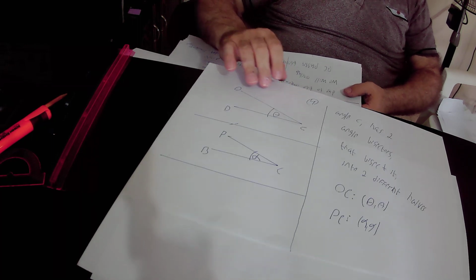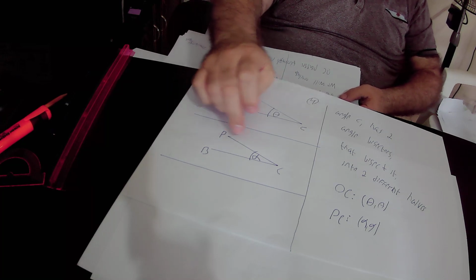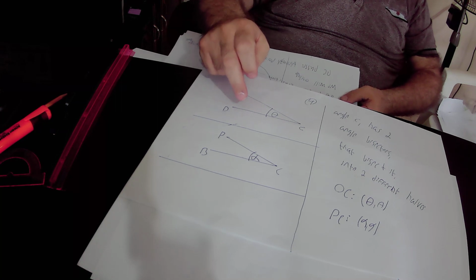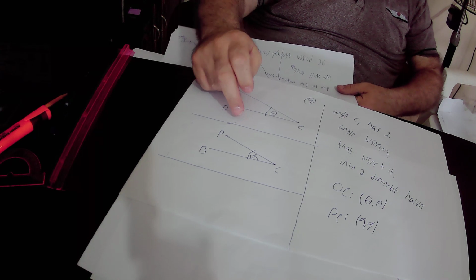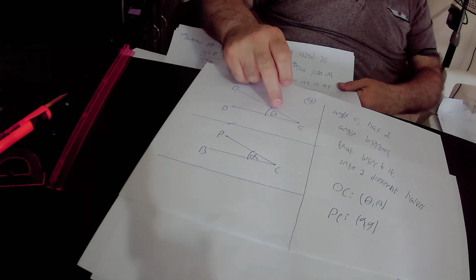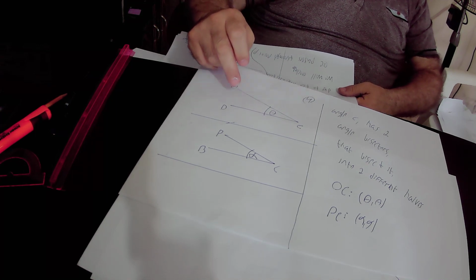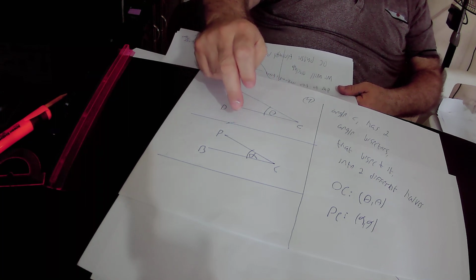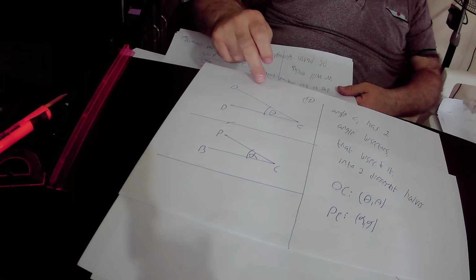Because here DC is part of BC. Therefore, they are absolutely located on the same straight line. Okay, so BC and DC are located on the same straight line, while if CO doesn't pass through point P, it means that PC and OC are not located on the same straight line.